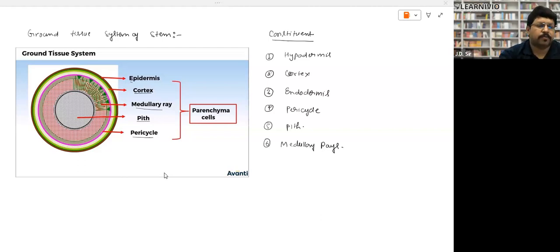I think we were doing this ground tissue system, and I was about to explain all these headings, the constituents of the ground tissue system of stem. Am I correct? Yes, sir. I think Martin's microphone is not correct. Martin, am I audible to you?